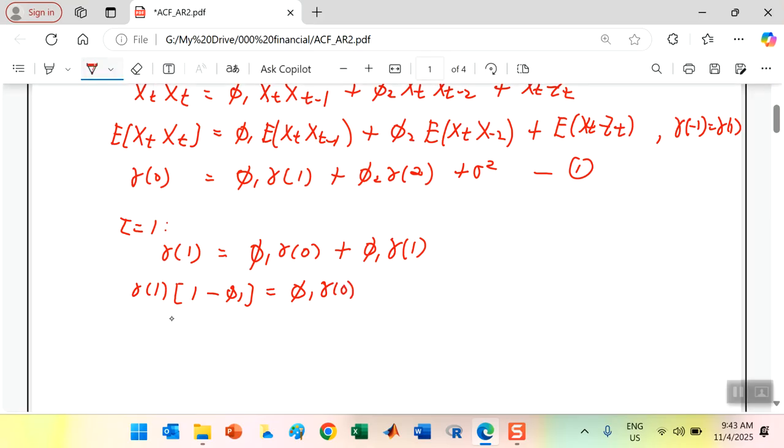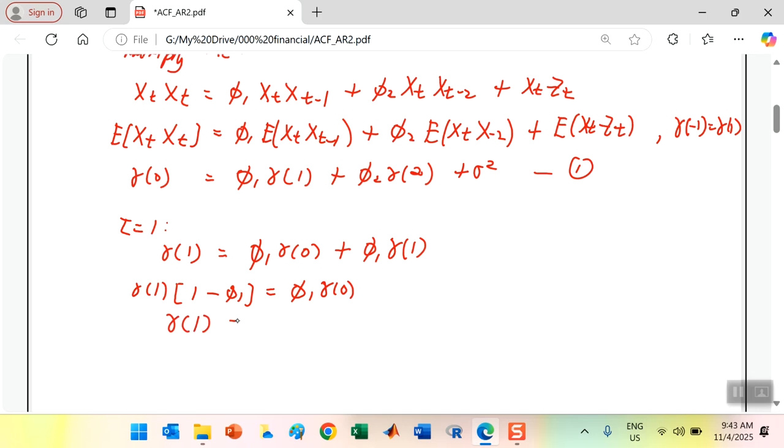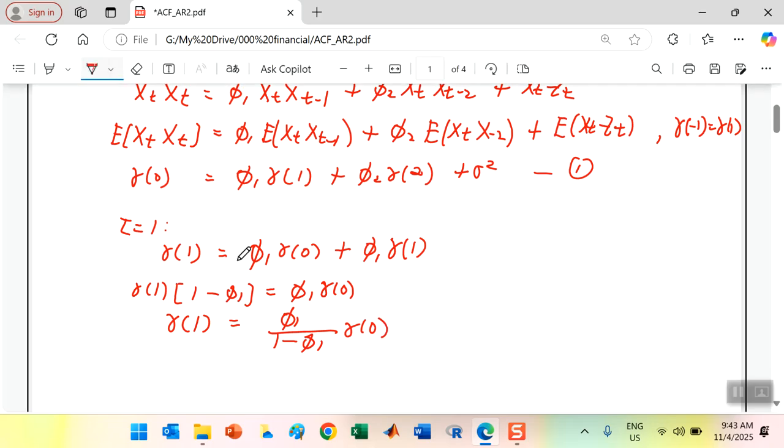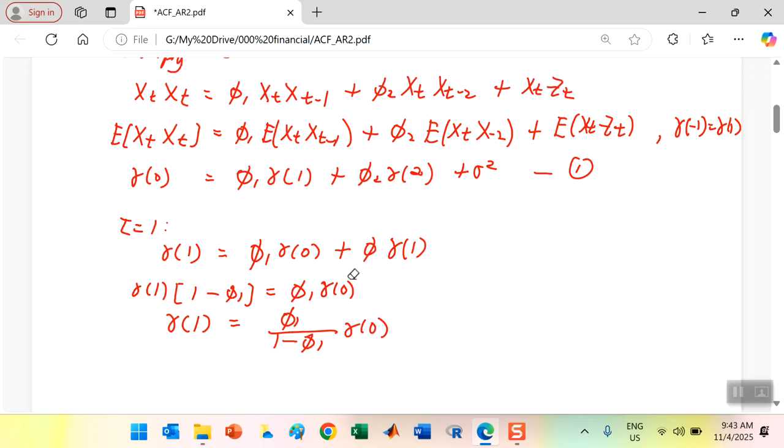So your gamma 1 is nothing but phi 1 over 1 minus phi 2 times gamma 0.